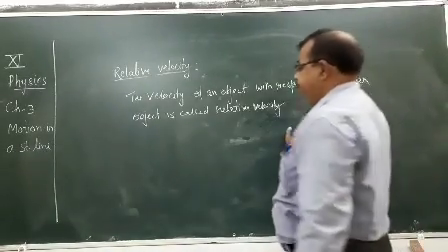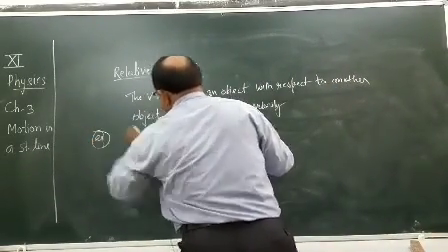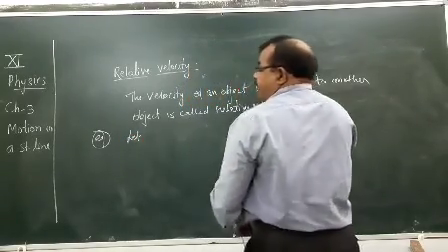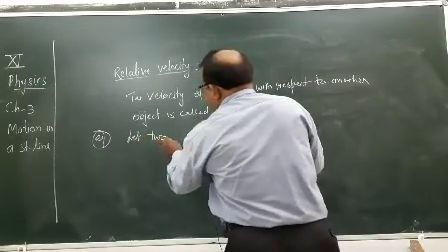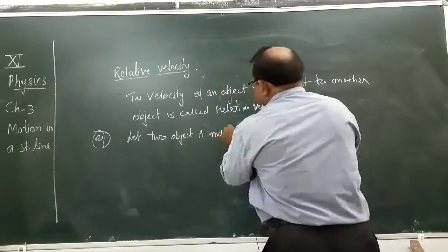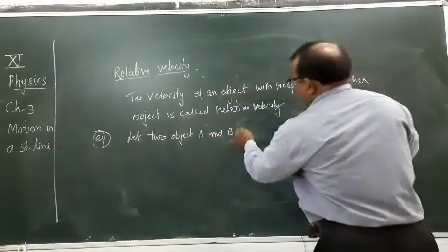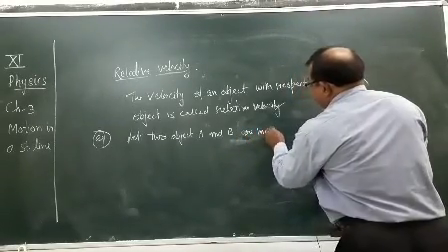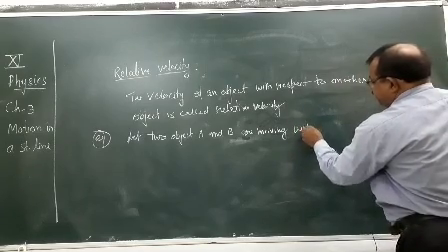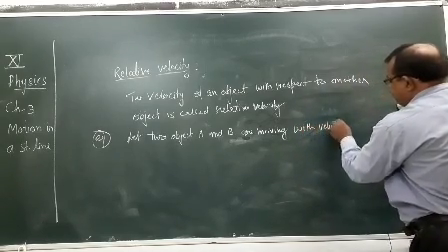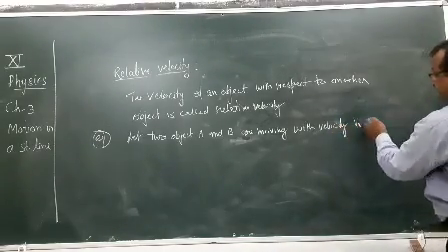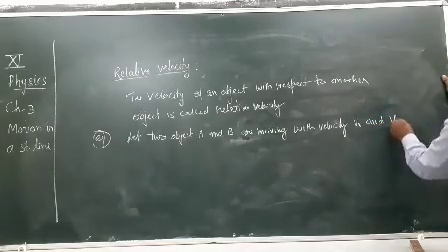Clear? For example, let two objects A and B be moving with velocities VA and VB respectively.